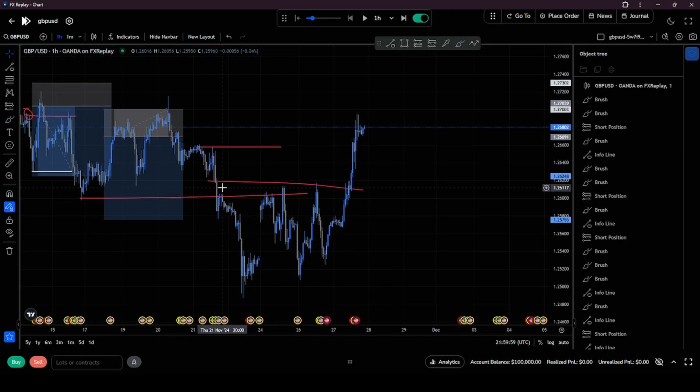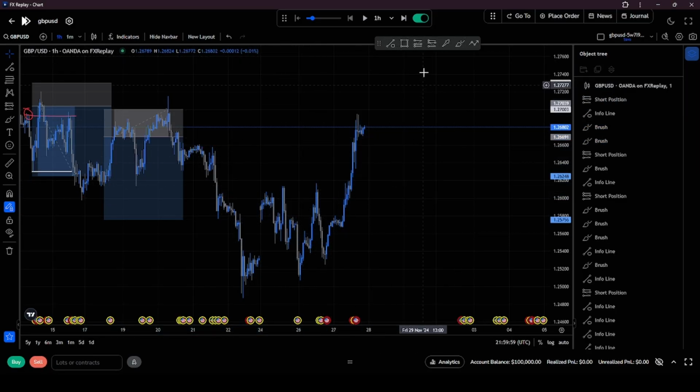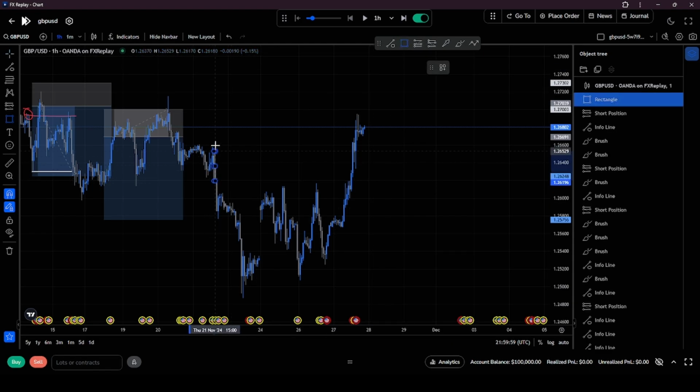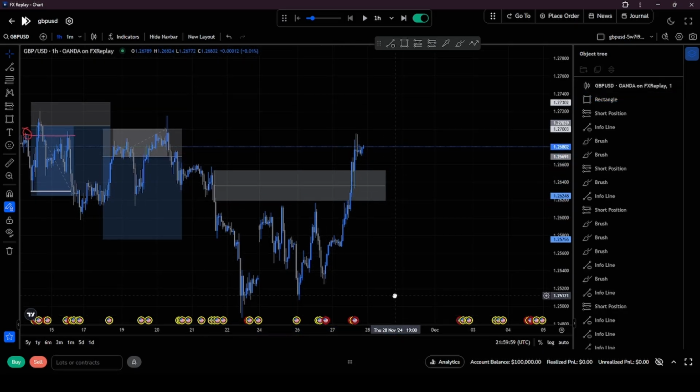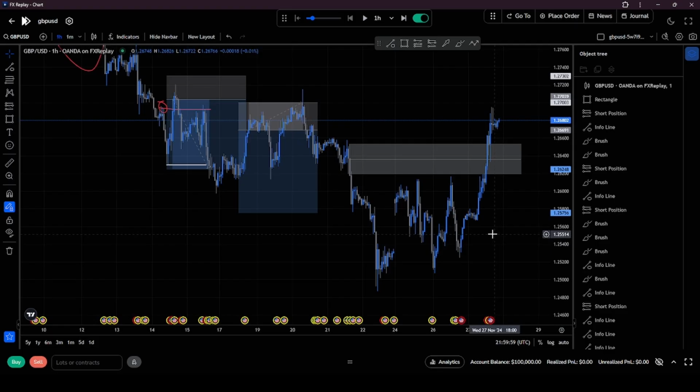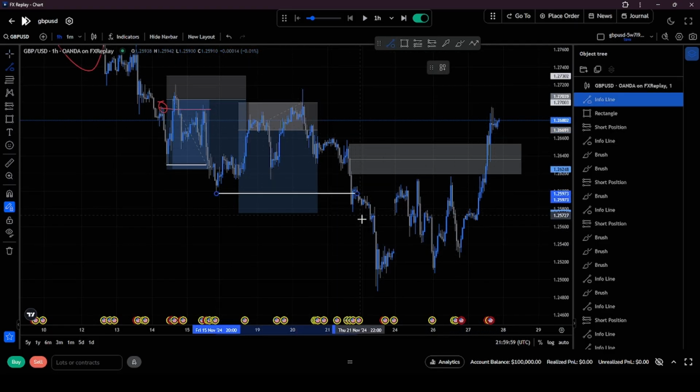So you can see we mitigated that POI, mitigated this POI. We didn't mitigate it. We even broke through. So this would have been a stop out. Okay. So this was a valid structure too.